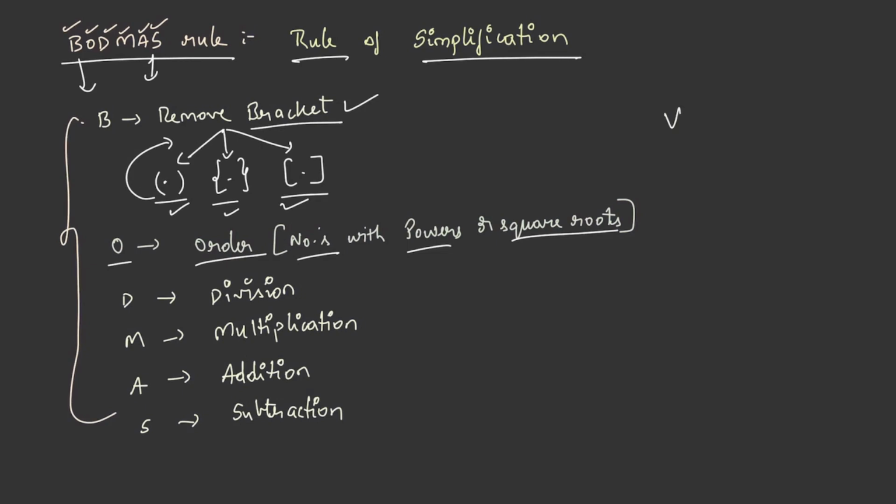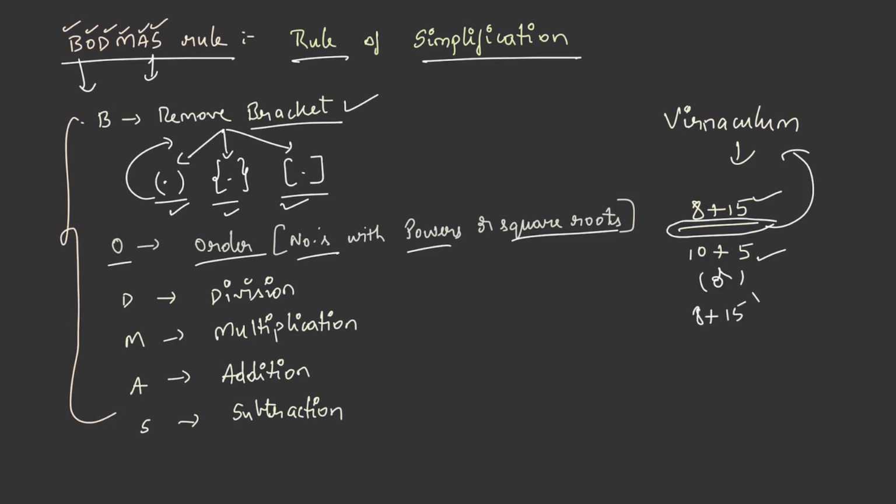Let's understand another small basic definition, that is vinculum. What does this mean? I'll explain it with an example. Suppose we take a fraction, 8 plus 15 by 10 plus 5. Here we can observe a horizontal line which is separating the numerator and the denominator. This is known as vinculum.